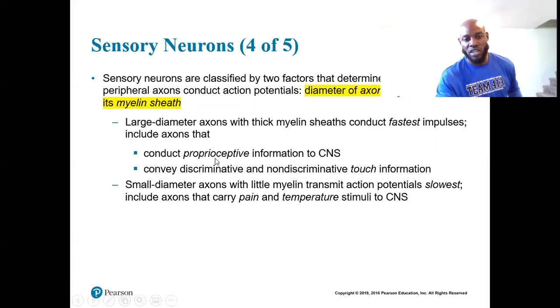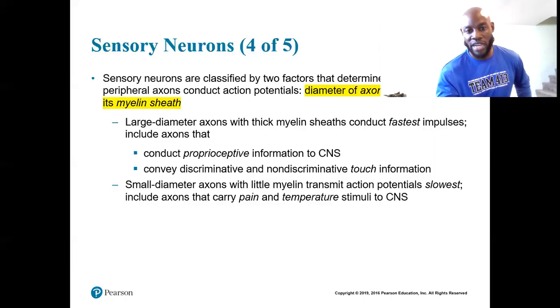So touch and proprioception move fast. Smaller axons with little myelin transmit slower action potentials. Makes sense. And they carry pain and temperature, so those tend to move a little bit slower through the axons.